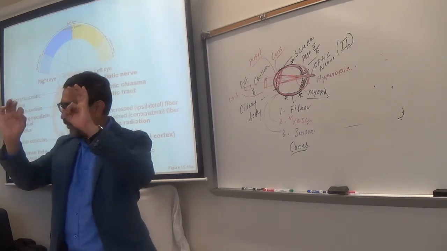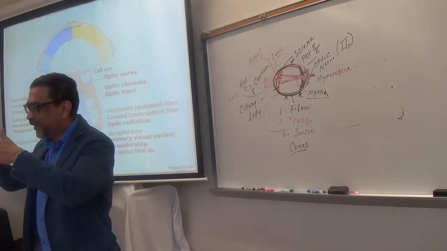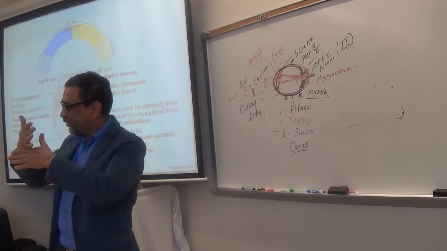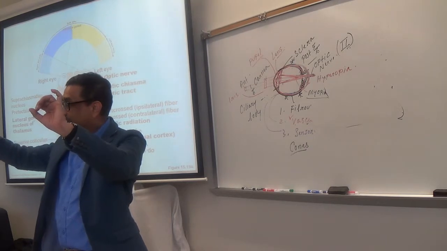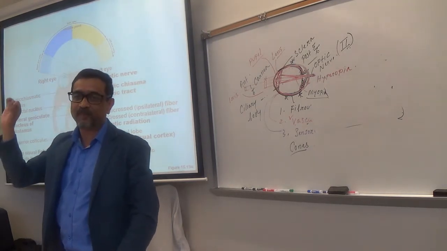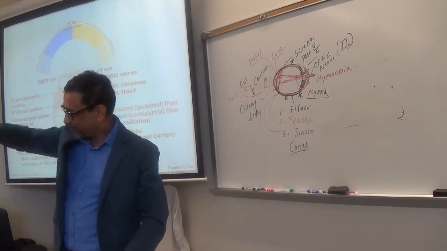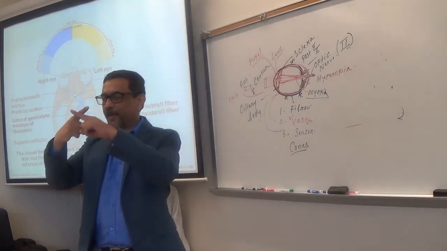Now in the chiasma, some cross over and form the optic tract. If I ask you, in the optic tract, do you have the fibers from the same eye or both eyes? Both eyes, right? Because some are from the same side, some are coming from the other side, because some crossover takes place.